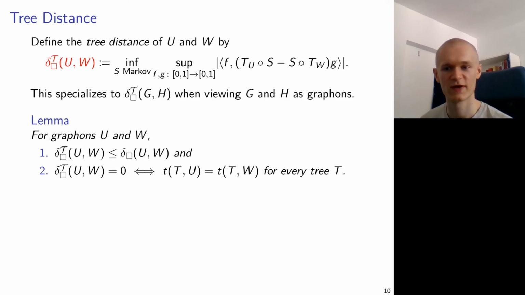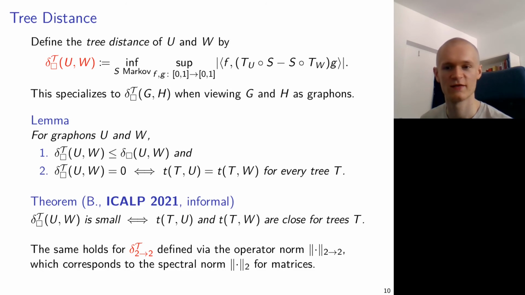Furthermore, you can verify that we still have these two properties: the tree distance is bounded by the cut distance, and the tree distance is 0 if and only if the tree homomorphism densities are the same. Then we can apply the theorem and obtain that the tree distance is small if and only if these tree homomorphism densities are close.